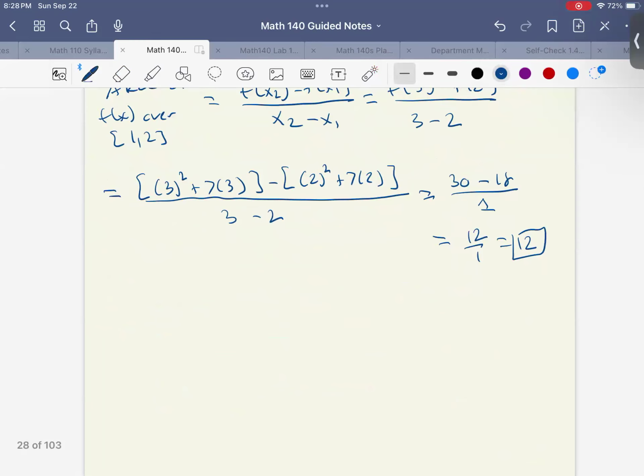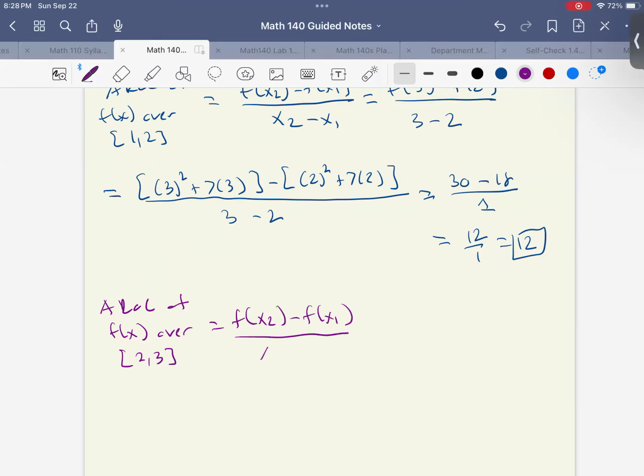So same exact thing, average rate of change of f of x over 2 comma 3. Same thing, f of x2 minus f of x1 over x2 minus x1.